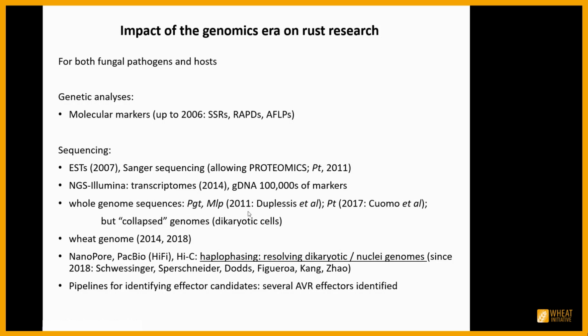Of course, the first genome sequences for rust were the stem rust and poplar rust, published in PNAS in 2011, and by us for race 1 of the leaf rust, Puccinia triticina, in 2017. Those were important but interesting, and I should mention that they were what we call collapsed genomes.